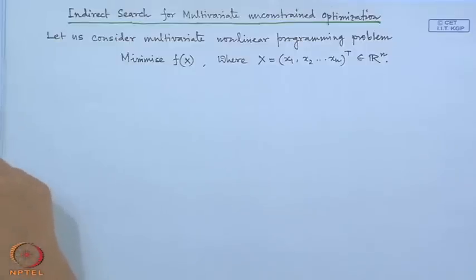I discussed the direct search method. Today, my discussion will be on indirect search method. Now, unconstrained optimization problems are very much needed for some complex situations in engineering disciplines, and they are also very important for constrained optimization problems, because in constrained optimization sometimes we need to analyze the behavior of the objective function.